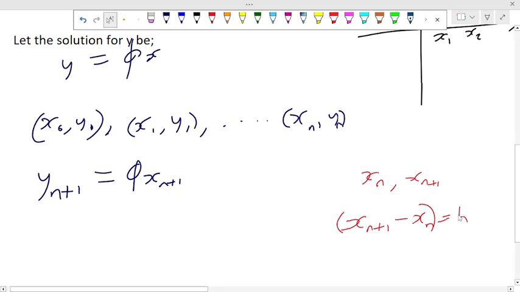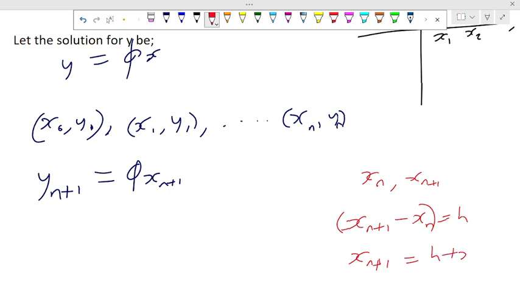And we've said that the step size h equals this. That means, from this point, we can say that xn plus 1 equals h plus xn. We can say this just by moving this to the other side.